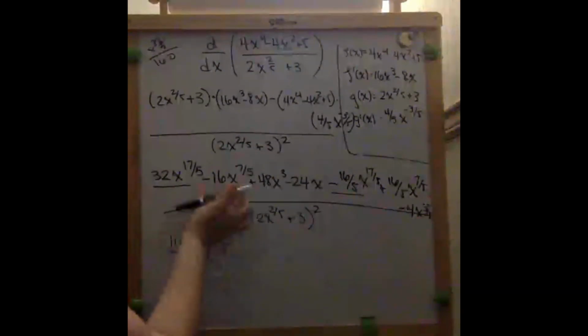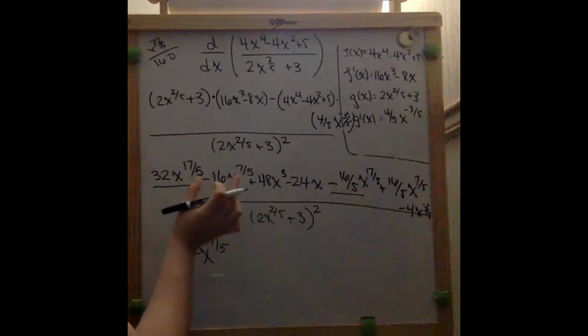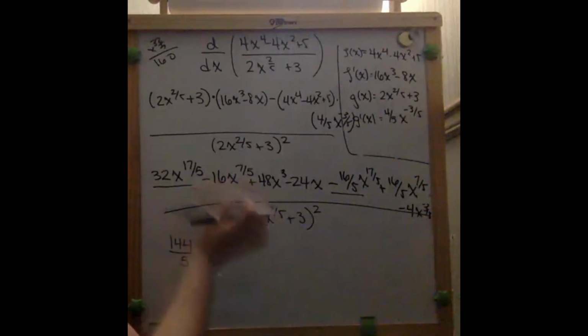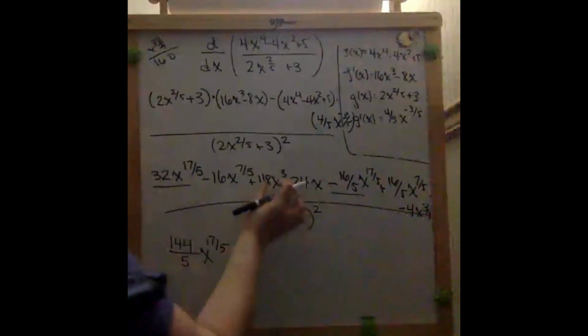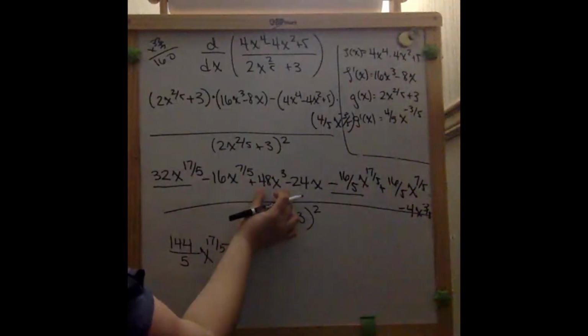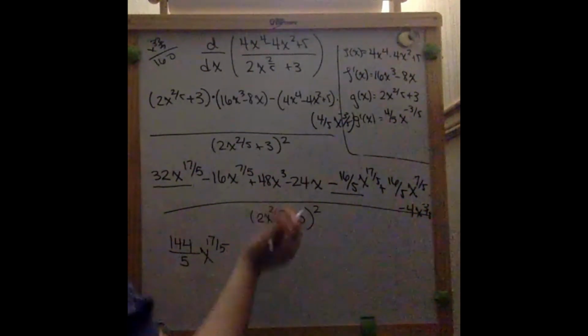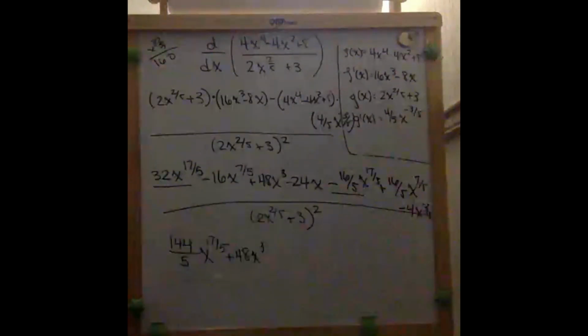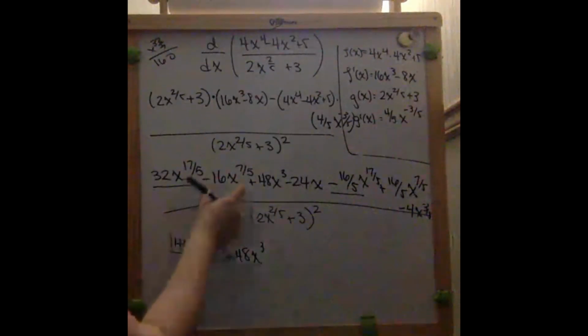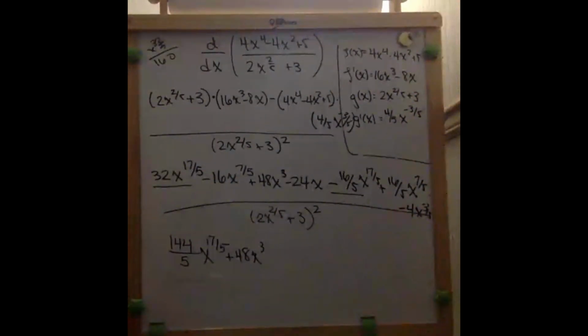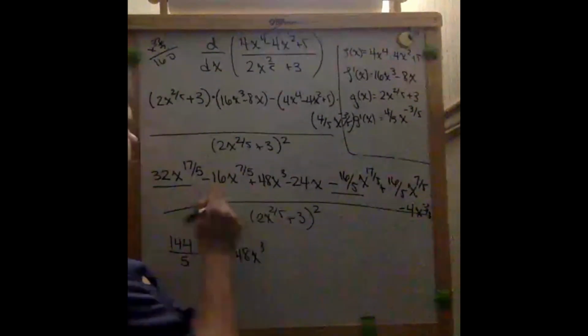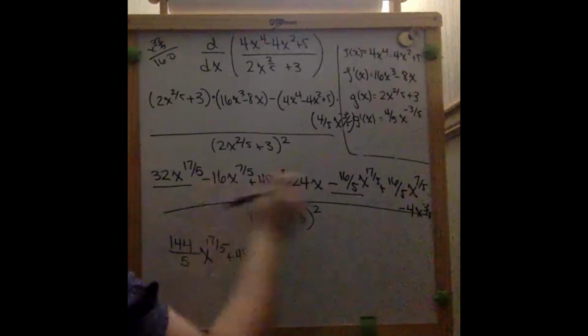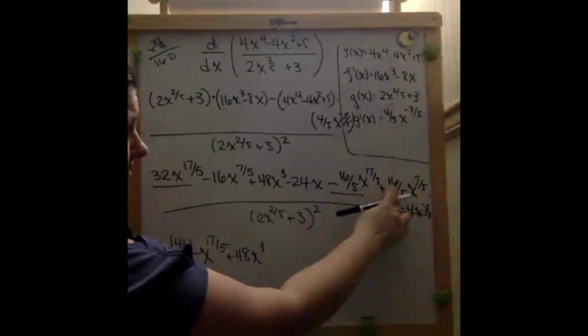Next highest power is going to be cubed. So I have only, it looks like, 48x cubed. Next highest power after that is the 7/5. So we have minus 16 and then 16/5 here.